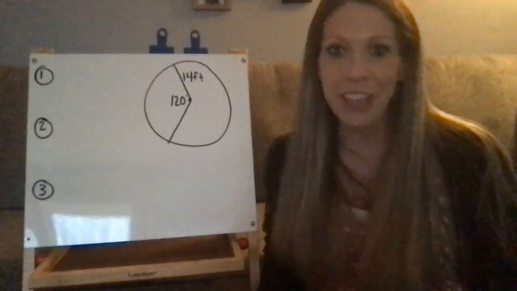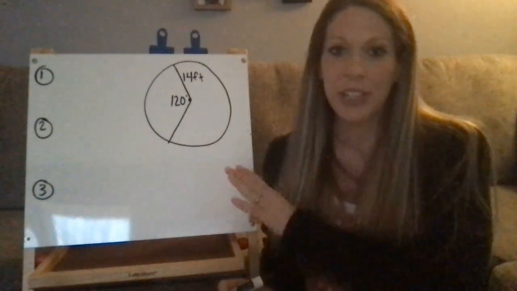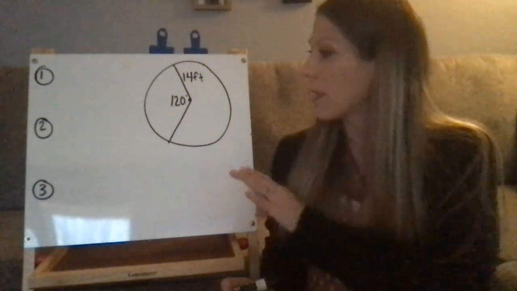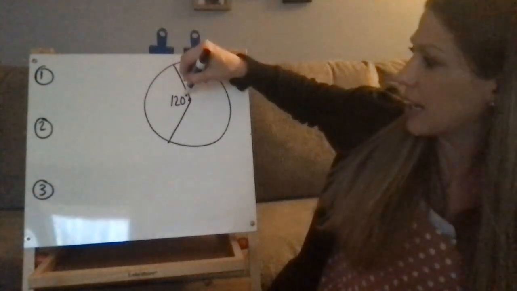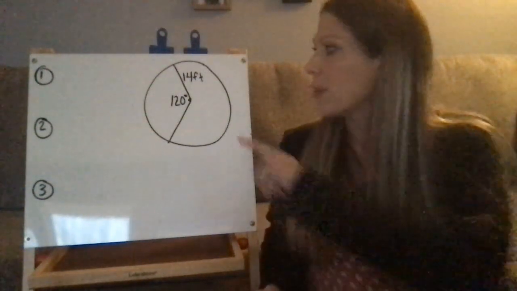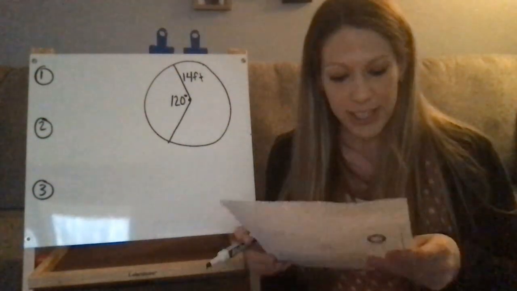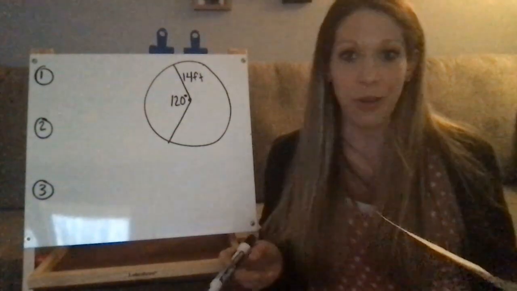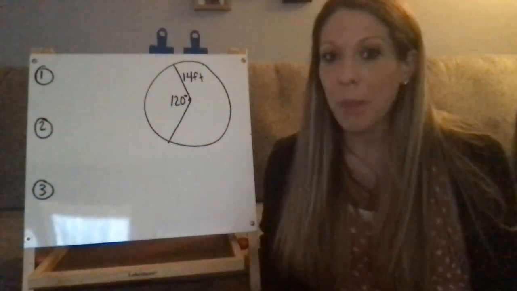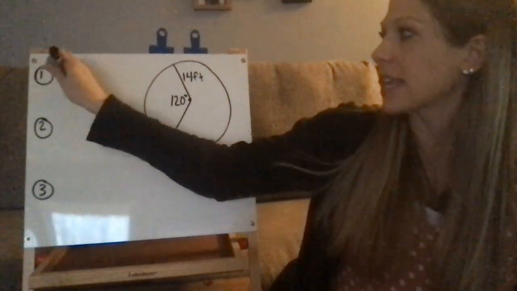All right, we're looking at the third slide now on the back, and we're going to use this picture right here where we've got a little sector, a little arc of 120 degrees. We've got a radius of 14 feet. And the first question says, find the area of the circle. So area of a circle, pi r squared. Our radius is 14.